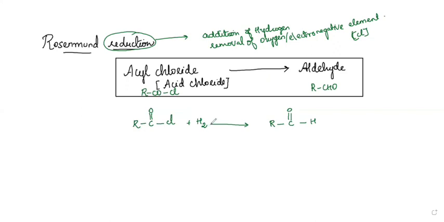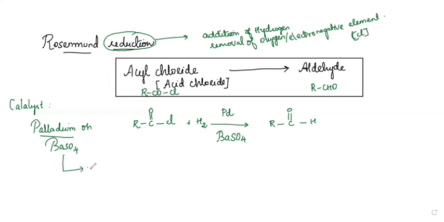It's a catalytic reduction. So what kind of catalyst is used? Pd, that means palladium. Not only palladium, along with barium sulfate. This is the general form of Rosenmund reduction. So the catalyst we are using here is palladium on barium sulfate. We know very well that palladium is the catalyst for reduction.